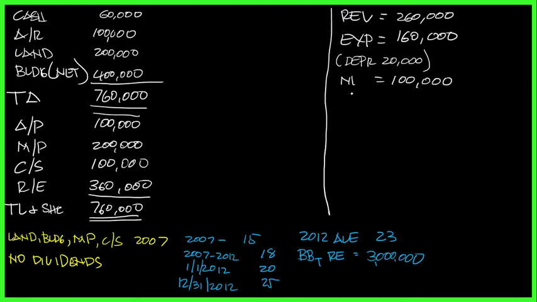Ideally, they should be translated using your historical rate, but for practicality, we'll just use the weighted average. So what is our weighted average rate? For 2012, it is 23. So you multiply this by 23.